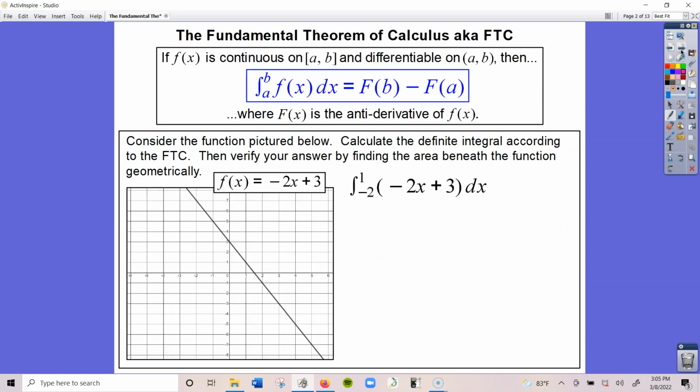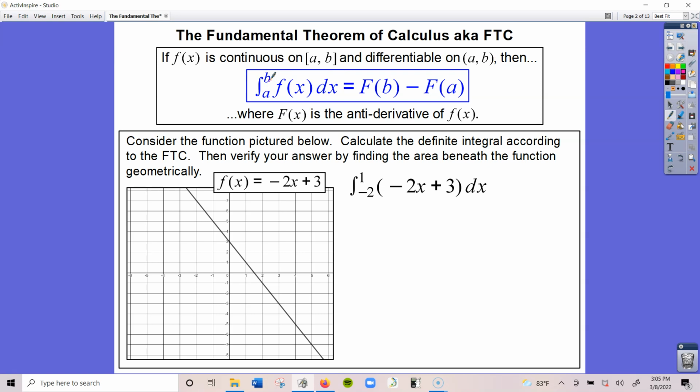Now this coincides with something called the fundamental theorem of calculus, or you can call it the FTC. In order to apply this theorem, your function has to be continuous on the given interval and differentiable on that same interval.